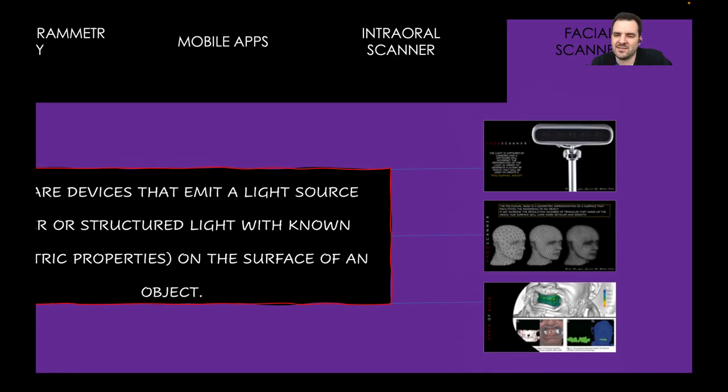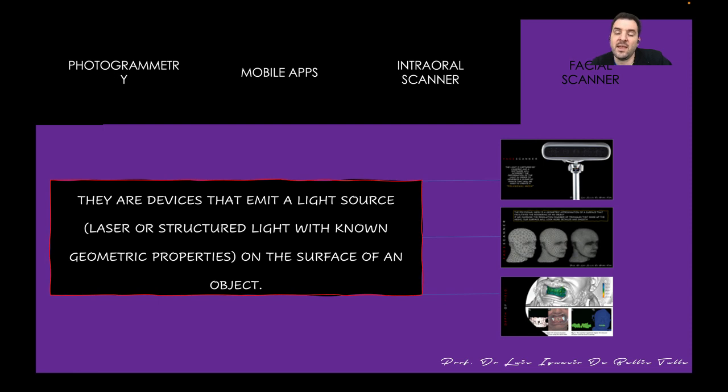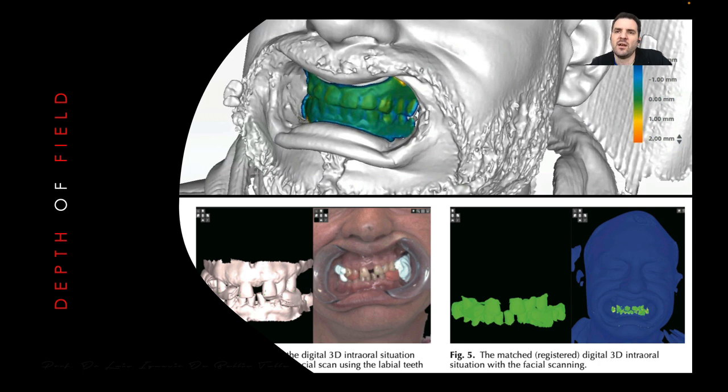And this is great because as we get an even mesh and we have all those cameras that I showed you, we will get a very nice depth of field and a mesh that is going to be in HD. So when we try to merge our intraoral scans onto that facial scan, as you can see in this picture, we are going to get something extremely precise.